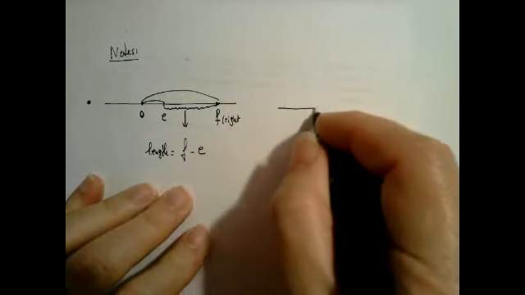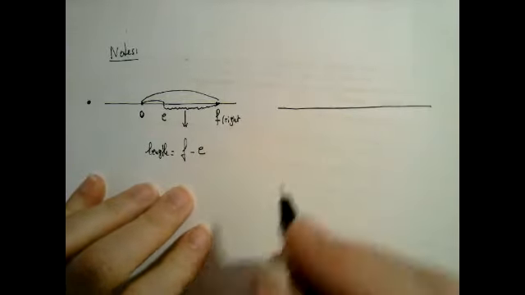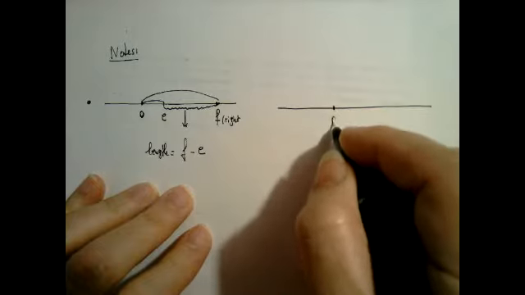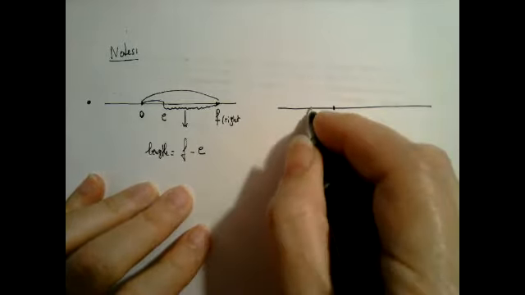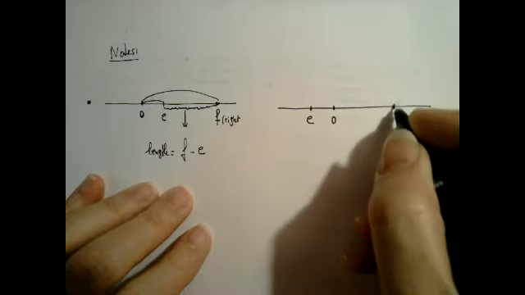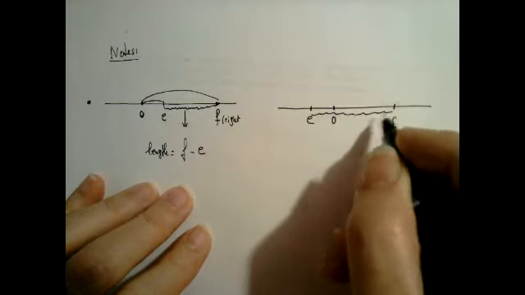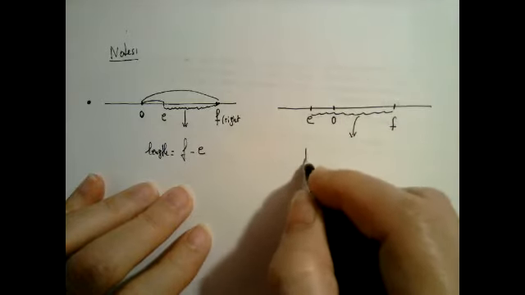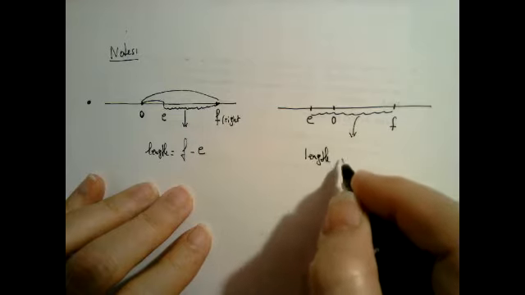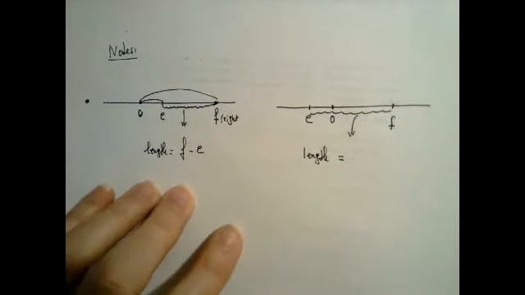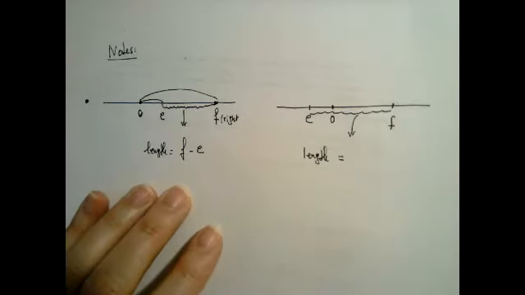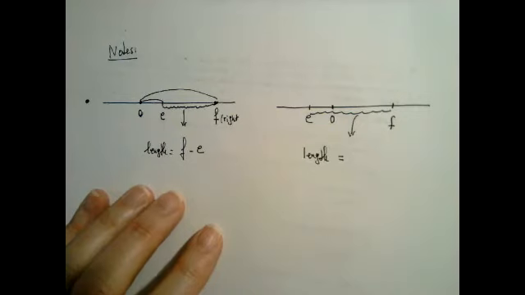Some of you know where I'm heading. Question number 2. Suppose 0 is in the middle, with my E here and my F here. What's the length from here to here? Does it really matter if 0 is in between them? The geometry is easy. The length is F minus E again.